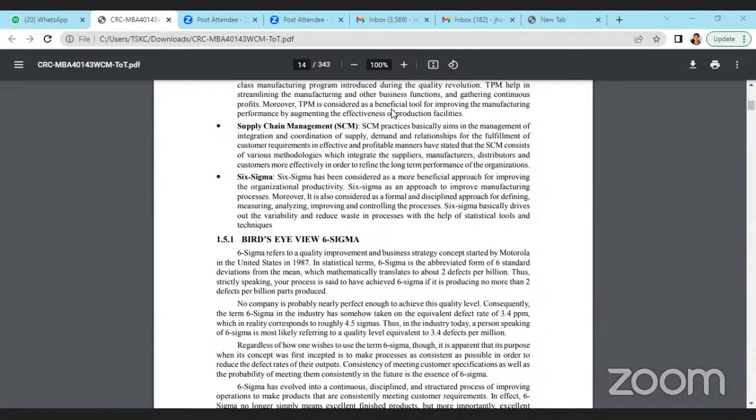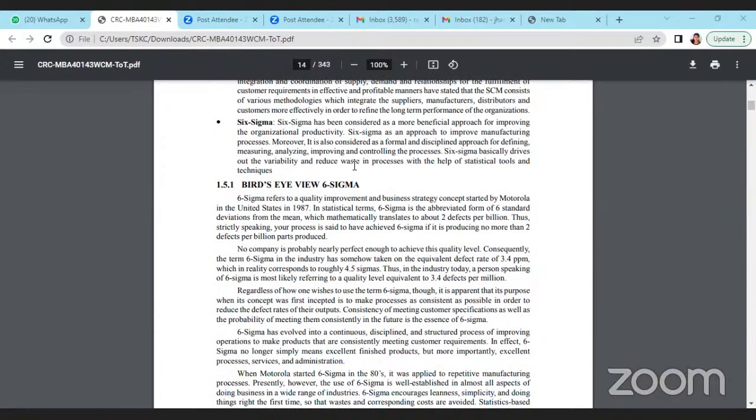Moreover, it is also considered a formal and disciplined approach for defining, measuring, analyzing, improving, and controlling processes. Six Sigma drives down variability and reduces waste. That is how Six Sigma is used and how it will be valued or quantified. That has been given here.